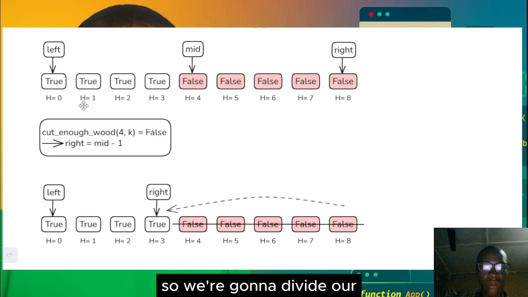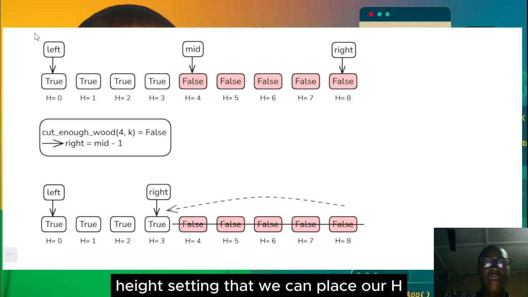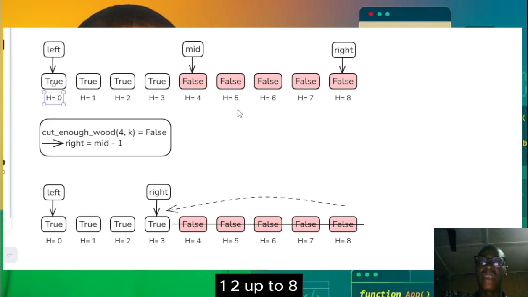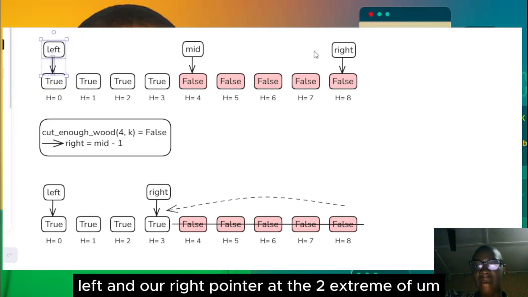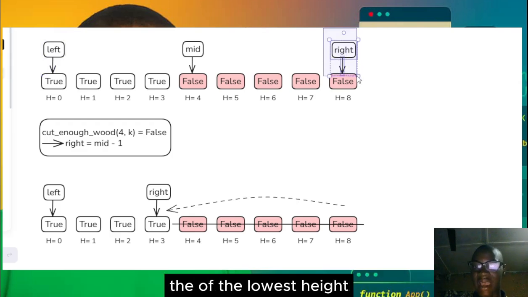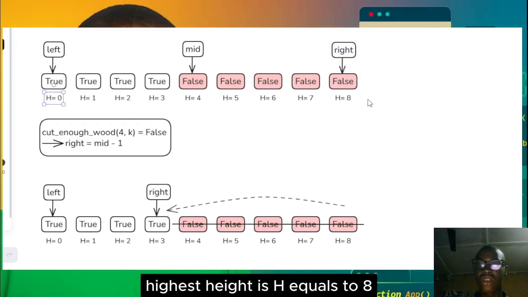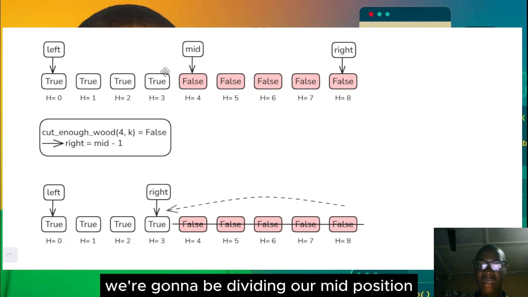So we're going to define our search space, and the search space will encompass every possible height setting that we can place our h, and each possible height is h equals 0, 1, 2 up to 8. So we're going to encompass that by setting our left and our right pointers at the two extremes, the lowest height and the highest height of the trees. You know, the lowest height is h equals 3, the highest height is h equals 8. So putting it there now, we are going to evaluate our mid position. Don't forget how we said we are going to be defining our mid position.